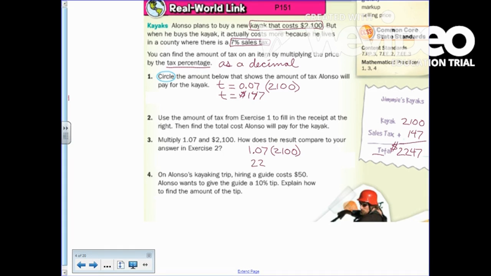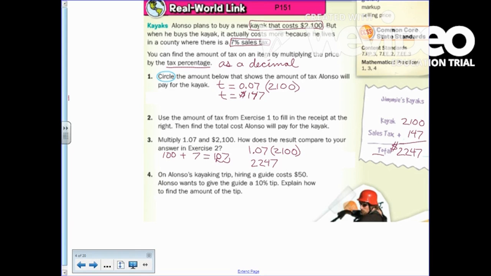It should have come up as $2,247 because that 1.07 represents 100% plus 7%, or 107%. You move that decimal point 2 places to the left and you get 1.07. So 100% of the cost gives you $2,100. 7% of the cost gives you $147.